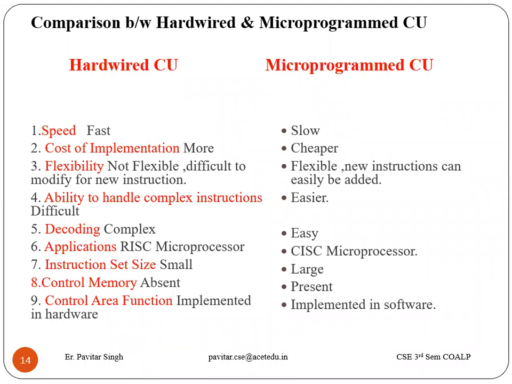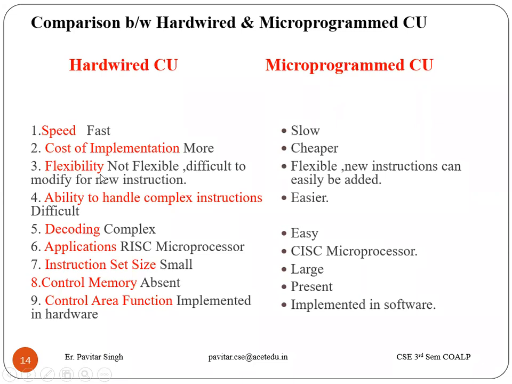Second is cost of implementation. A lot of hardware components are involved in hardwired CU, which is why its cost is more. In comparison, the cost of microprogrammed CU is cheaper.